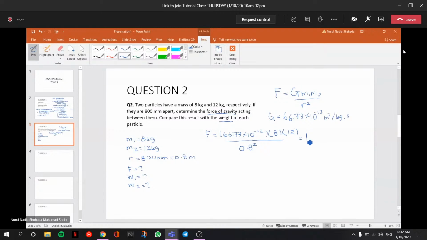You will get the answer 10 to the power of negative 9 newton. As we practiced in question 1 earlier, we change the exponential form into the closest prefix. So this would be 10 newton.